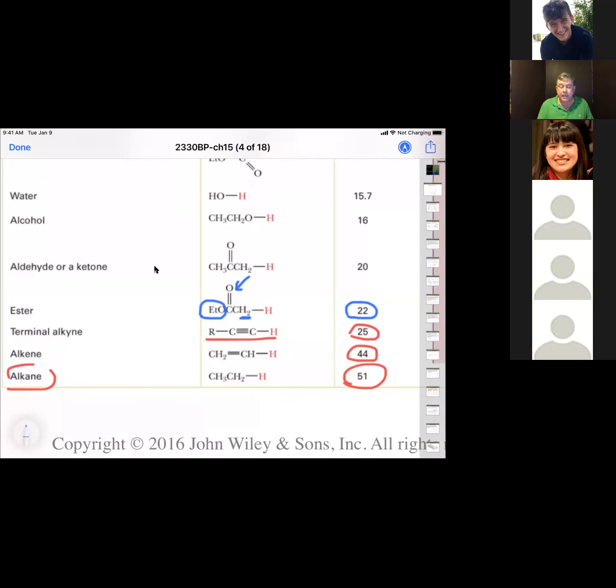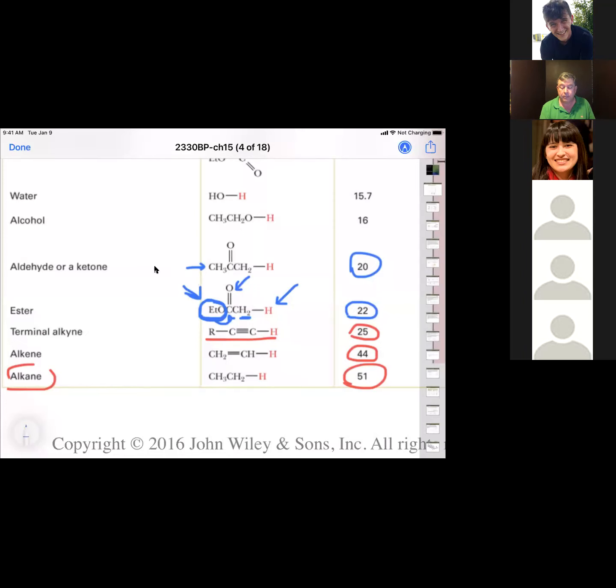If we take the electron donating alcohol group of the ester away and just put a carbon there, turn it into a ketone, it becomes more acidic. So that means that this oxygen is donating some electron density to the carbonyl, making this hydrogen less acidic than if it wasn't there.